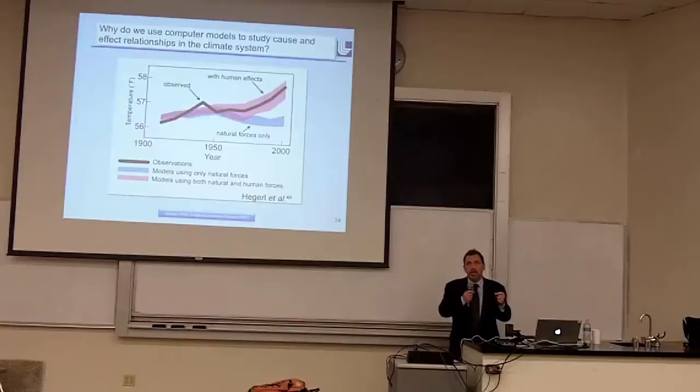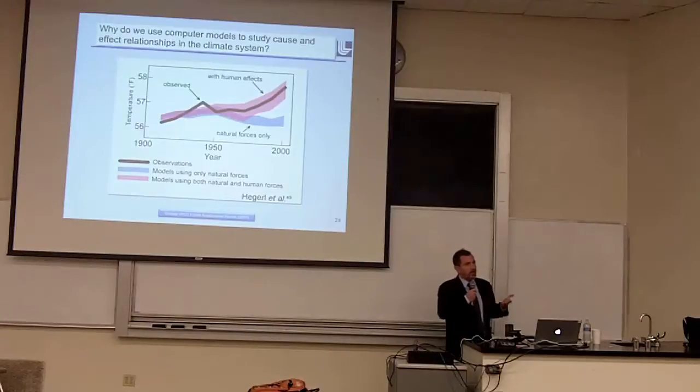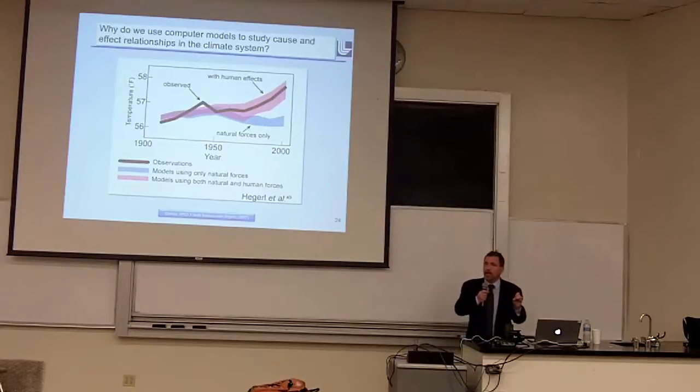What do you see? So in Blue World, in World Without Us, you don't capture the warming in the second half of the 20th century. In Red World, where you run exactly the same models with both these natural factors and human-caused changes in greenhouse gases and particulate pollution, to first order, you do capture that warming.